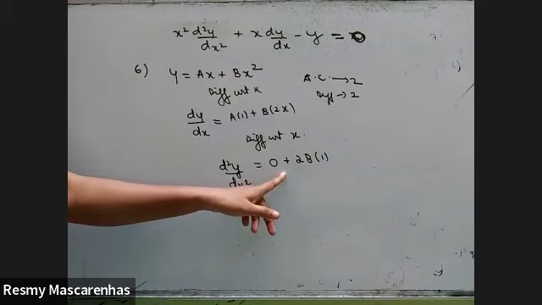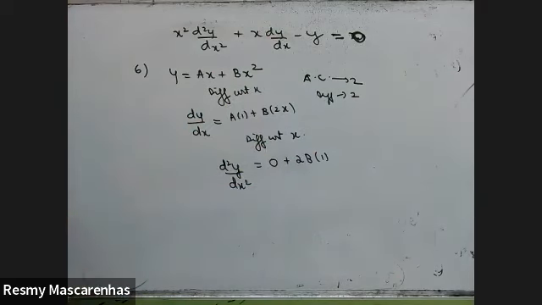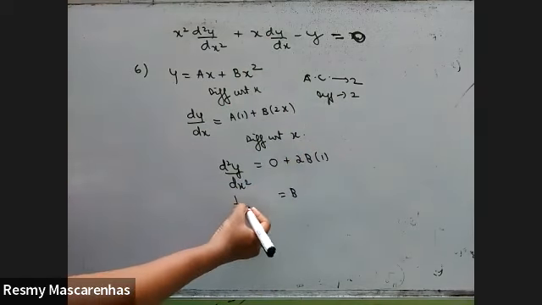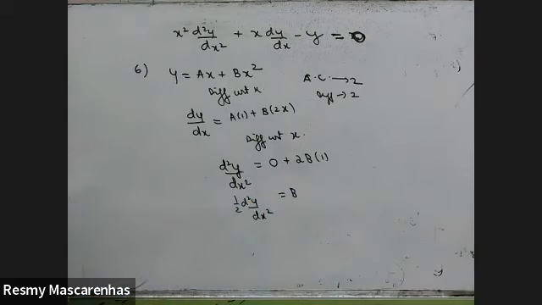Now this is going to become a problem. I cannot differentiate one more time because I'm done differentiating. Now you have to try to substitute the values. So what is the value of b? B is nothing but half d square y upon dx square. So put this value here, find the value of a.